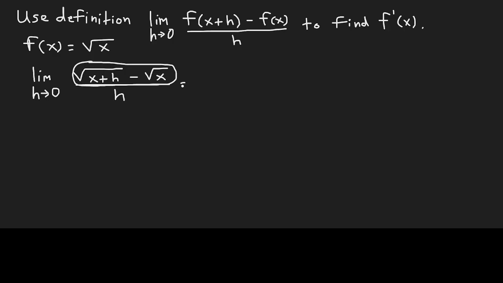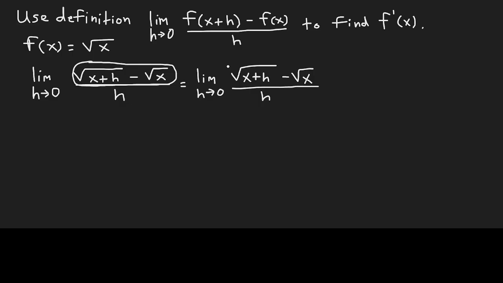So when we do that, our next step will be the limit as h approaches 0 of square root of x plus h minus square root of x all over h.